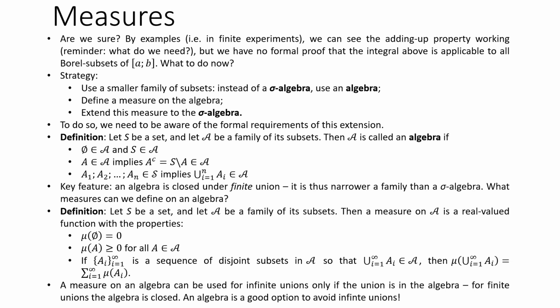If there is a sequence of disjoint subsets in the algebra so that their infinite union is in the algebra, then we have the usual adding up property for infinite union. So the measure of the infinite union of the disjoint subsets is equal to the sum of the measures of the disjoint subsets.